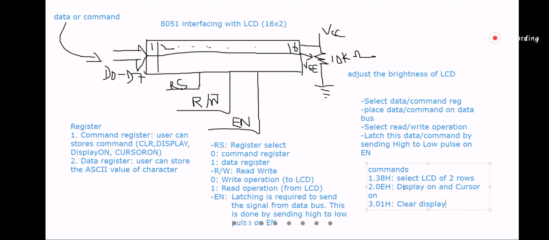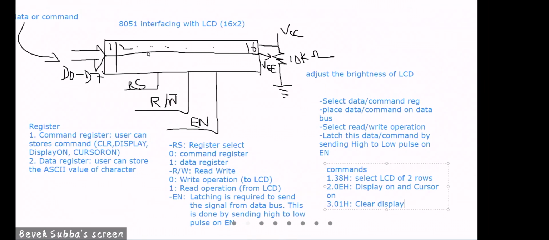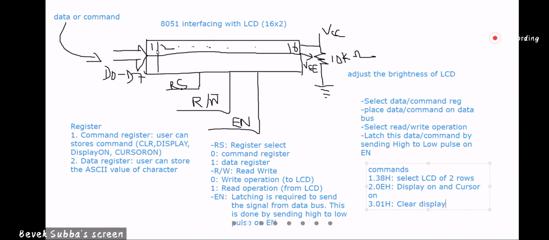Display on, cursor on, this is wherever you want. For example, sometimes you don't want your character to show from the first column, maybe in the middle. So you will select the row and column, maybe from the 4th column, not from 1.